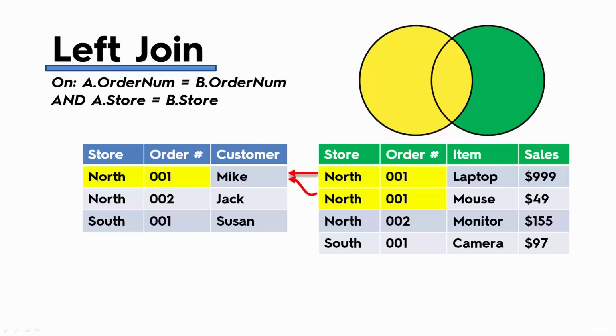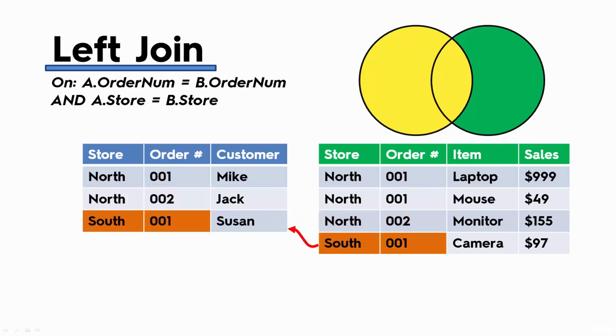Here we've got the North order number 1 being matched to 2 rows in the second table. So North order number 1, which is the laptop, and North order number 1, which is the mouse. And that's correct. Next, order number 2 from the Northern store is matched to only 1 row in the second table, which is the monitor for the Northern order number 2, which is also correct.